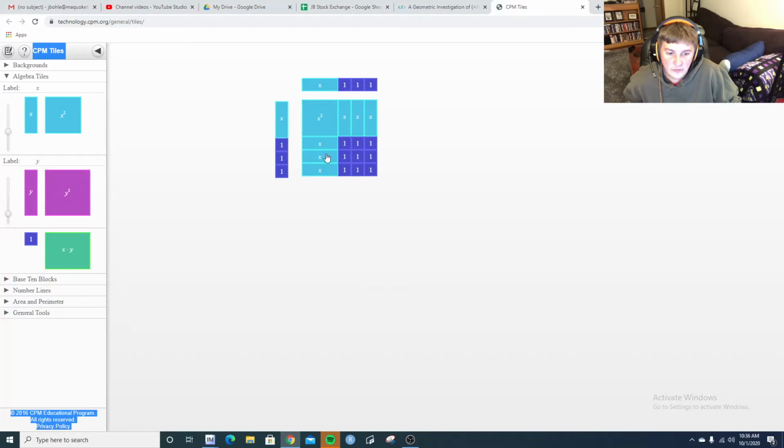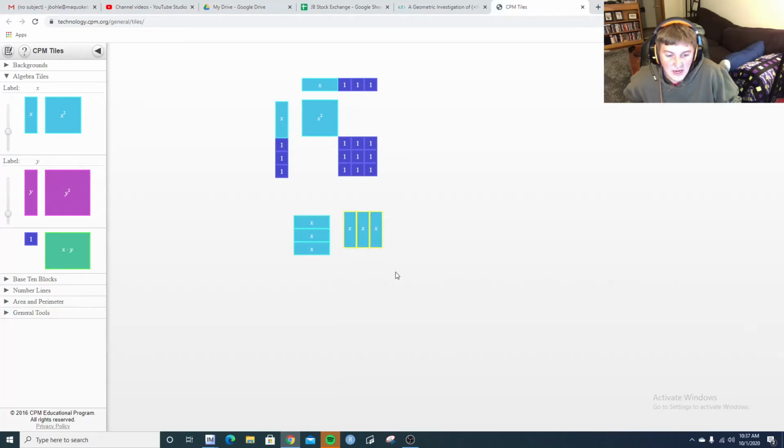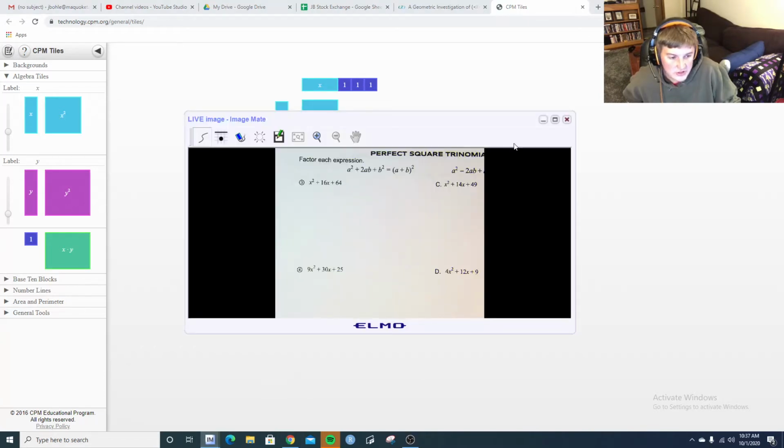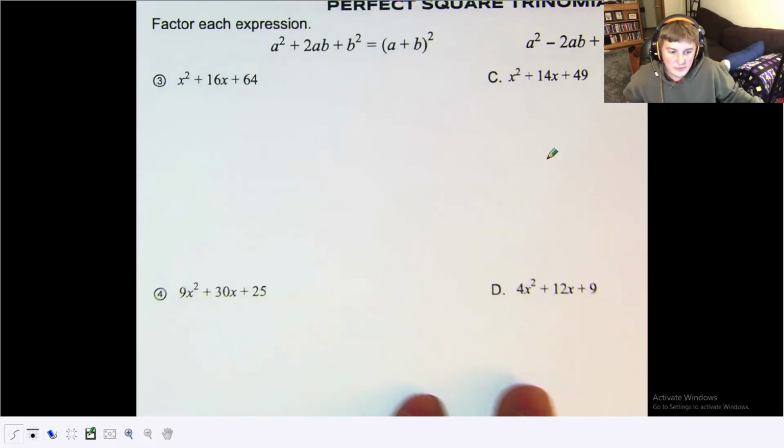That ends up being the pattern. You take 2 times the root of your first times the root of your second. 2 times x is 2x times 3, again, is 6x. And that's how I know how many will fit here. So if you can identify that pattern, the factoring becomes quite simple.